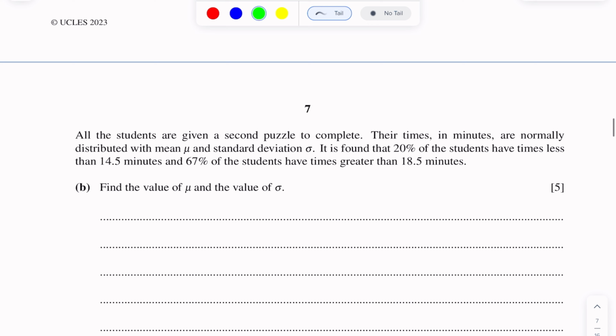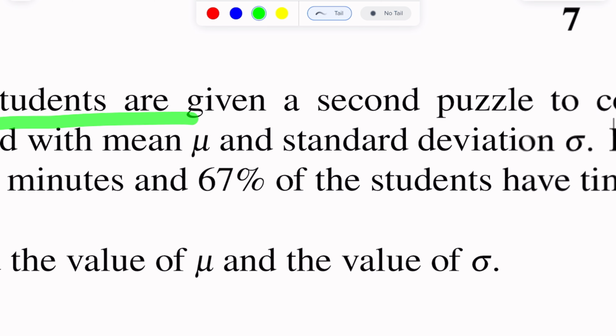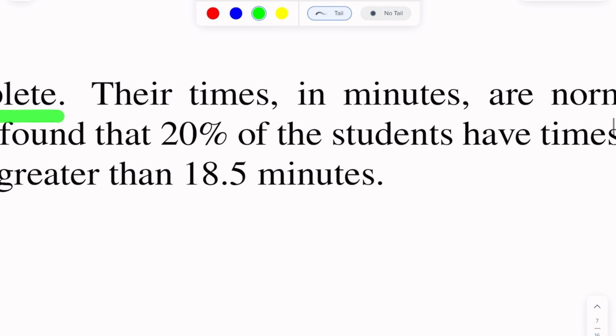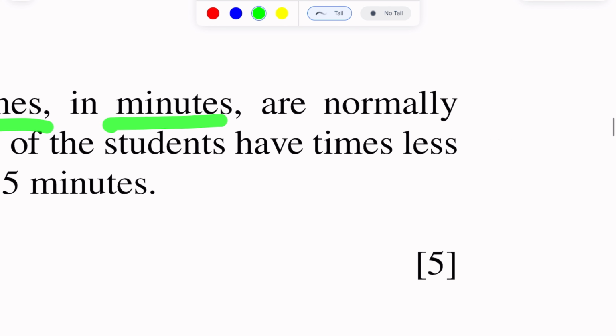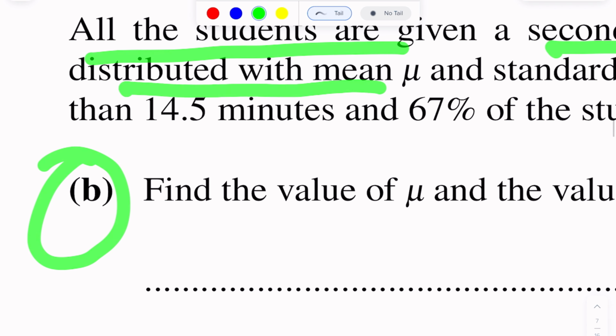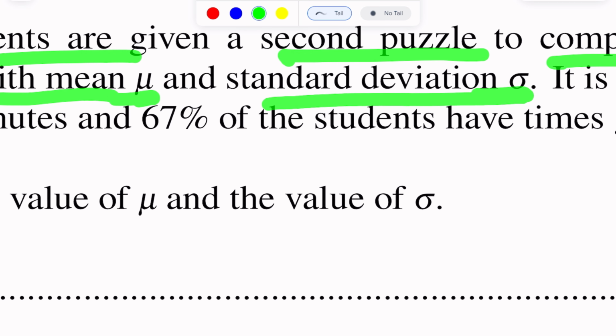Now the next part of this question, part B. All the students are given a second puzzle to complete. Their times in minutes are normally distributed with mean mu and standard deviation sigma.